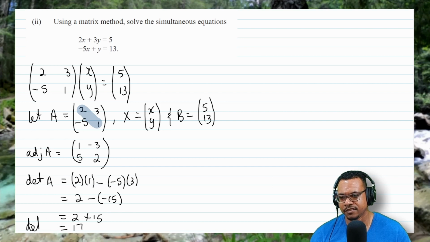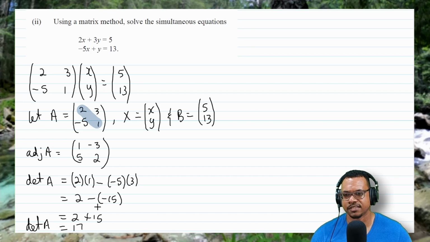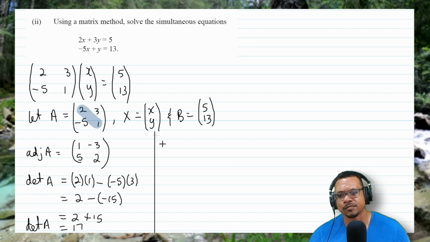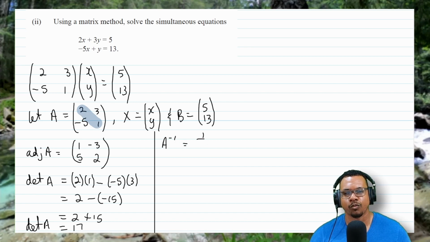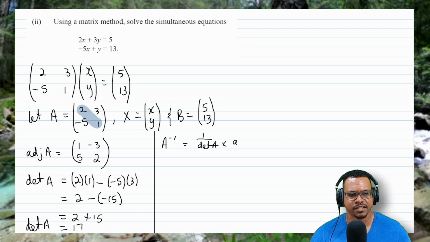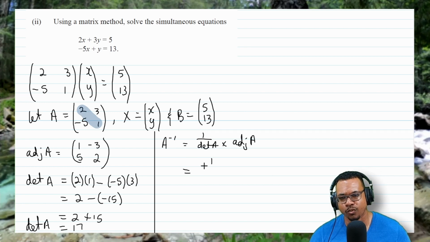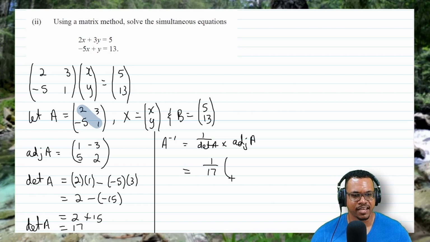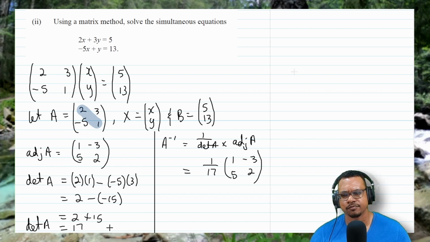So the determinant of A is equal to 17. A inverse is equal to 1 over the determinant of A multiplied by the adjoint of A. So that's 1 over 17 times the adjoint of A, which is 1, 5, negative 3, and 2.